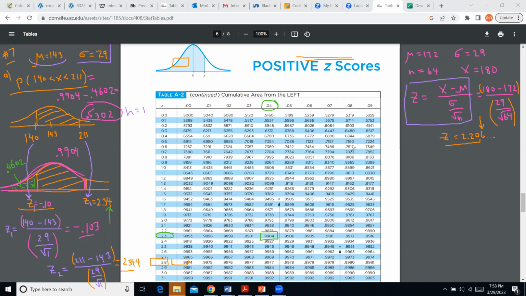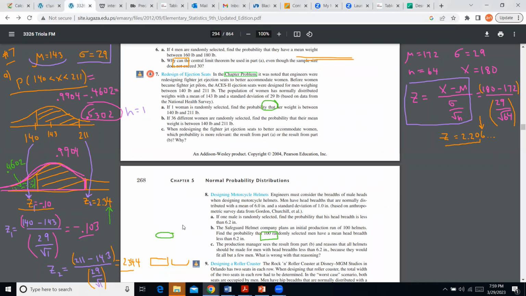Only 53% of women will actually fit into those seats that are designed for males in those airplanes. And that's not really a big population, right? Looks like women on the lighter side are not going to be happy with those seats. And that's probably something that will make them reconstruct those seats.